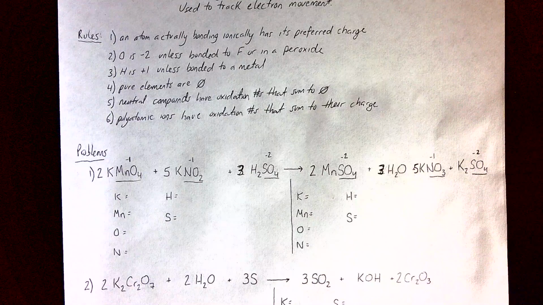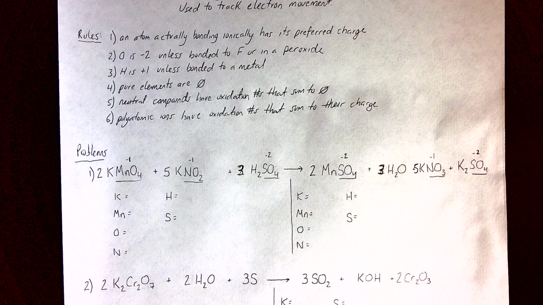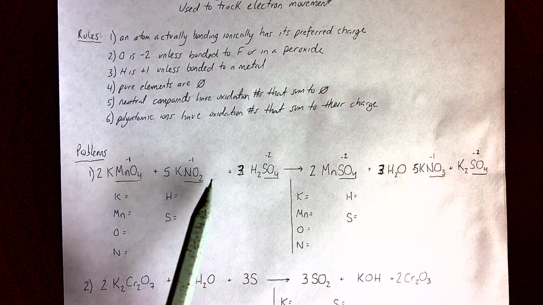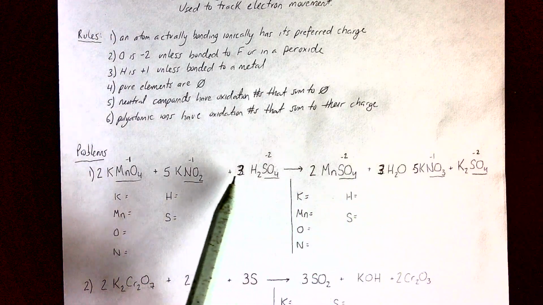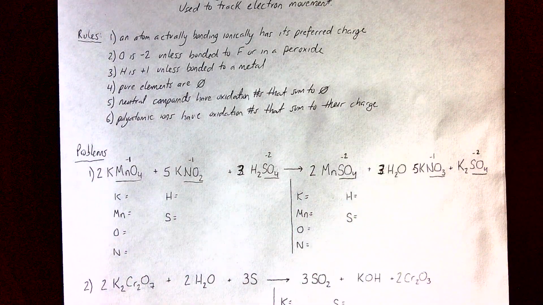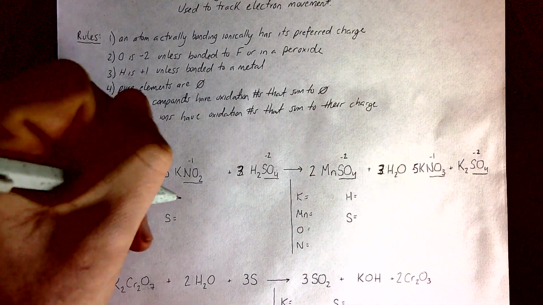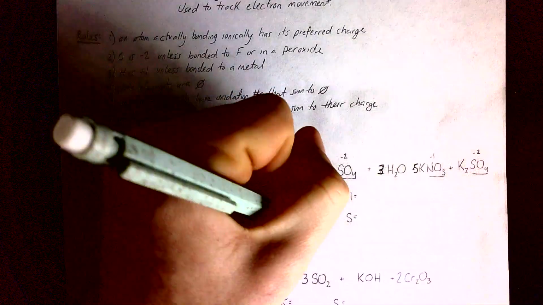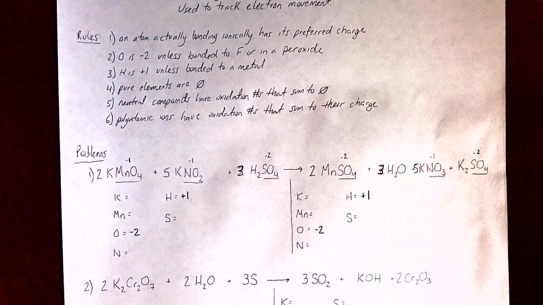Once we've identified all of our polyatomic ions, we can then take a look to see if there's anything we already know. Well, there are no F's up here, there are no peroxides, and there are no H's bonded to metals. So I'm going to go ahead and plug in -2 and +1 for my oxygens and my hydrogens.